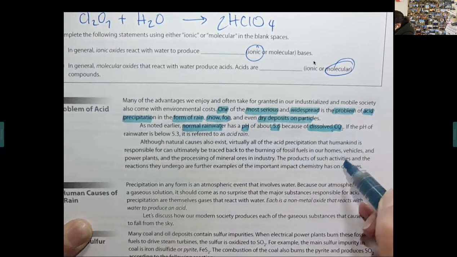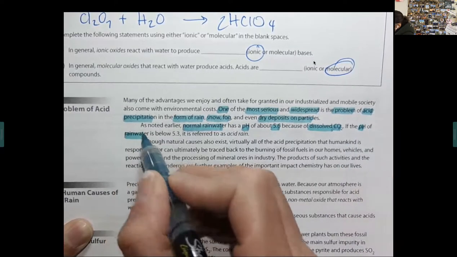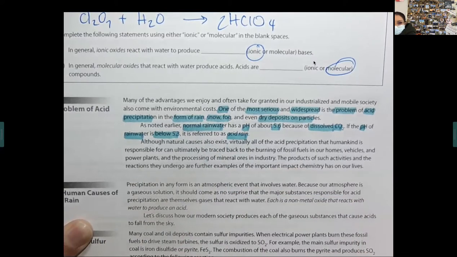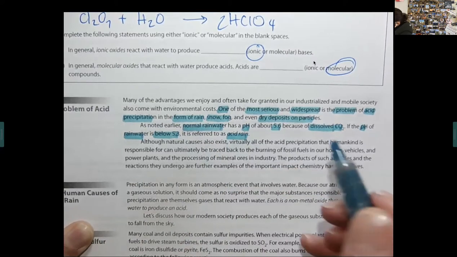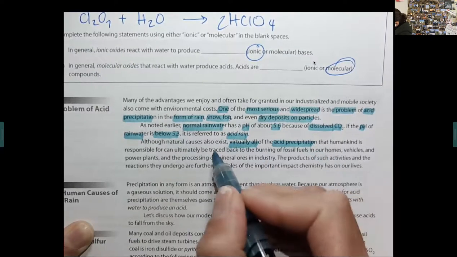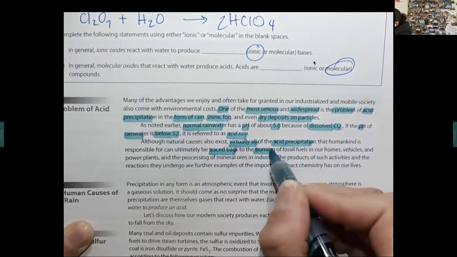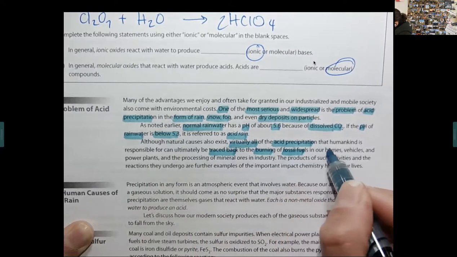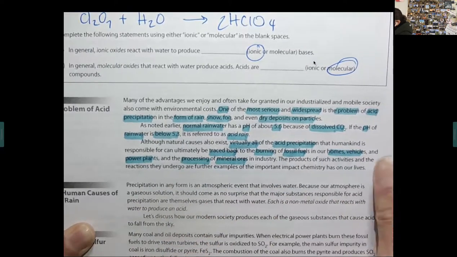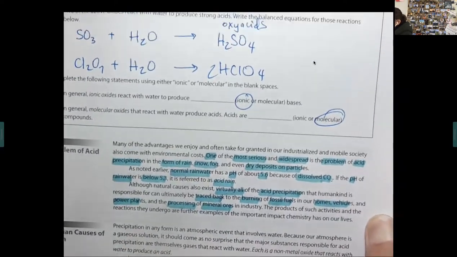And then if the pH of rainwater is below 5.3, then we call it acid rain. Now, virtually all acid rain is traced back to the burning of fossil fuels in homes, vehicles, power plants, and the processing of mineral oils, or ores, excuse me.